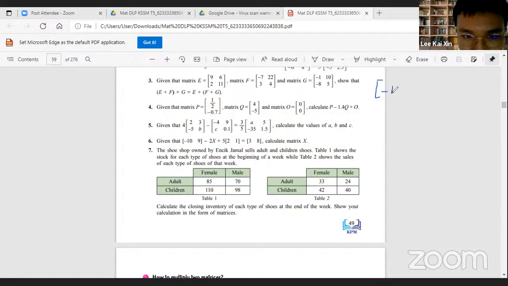Okay, -10, 9, minus 2x, plus 5, 2, 1, equals 3 and 8.